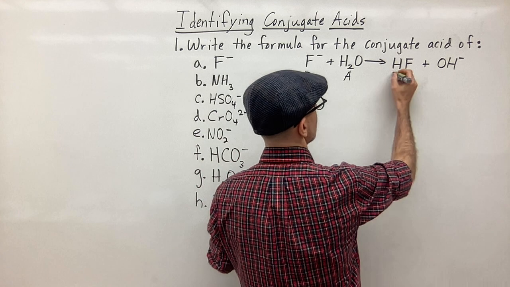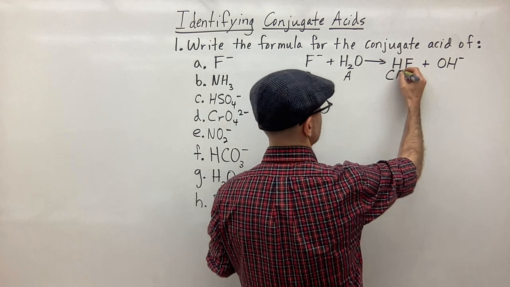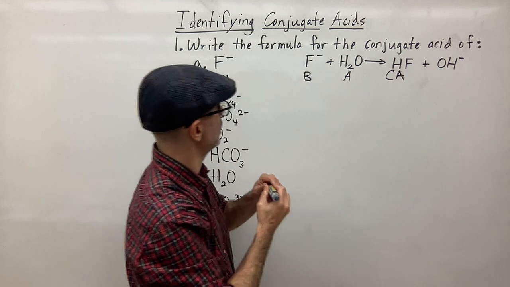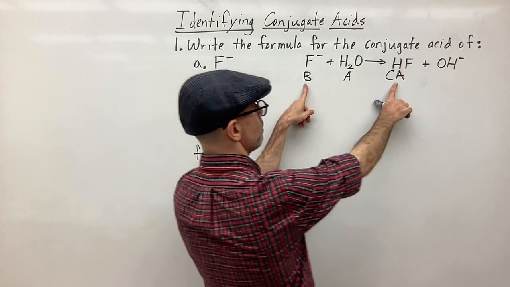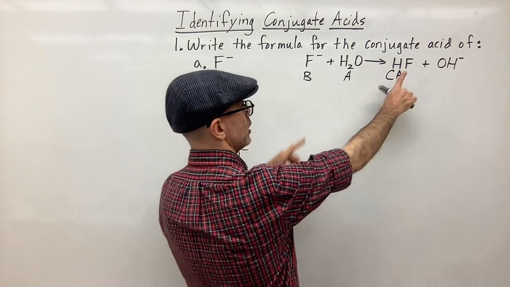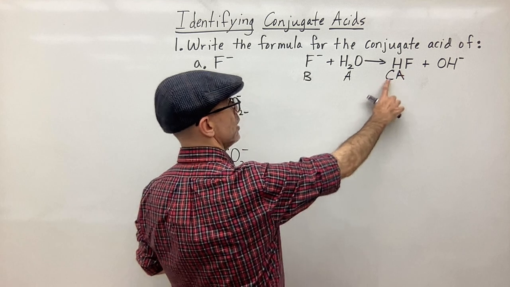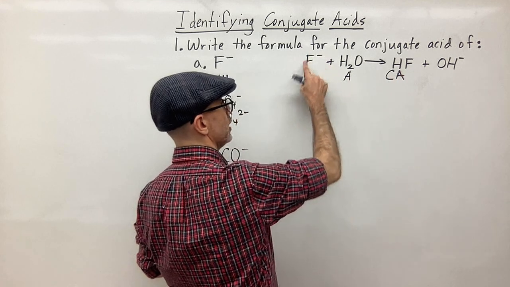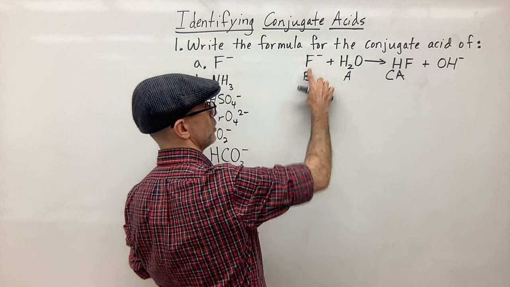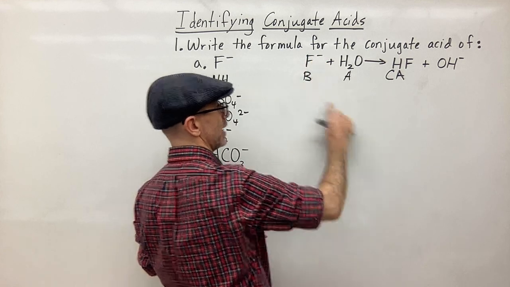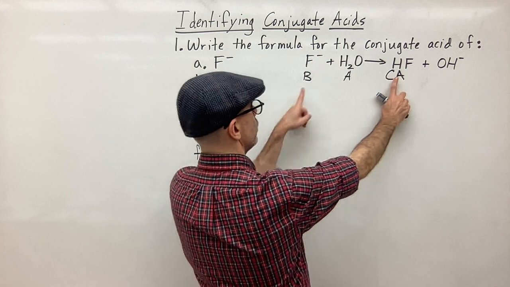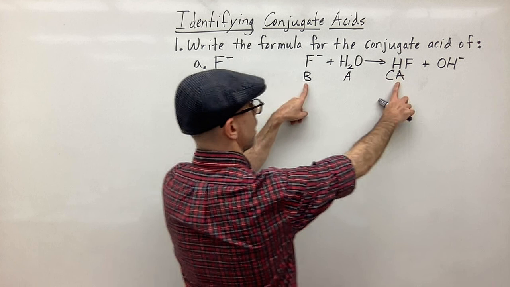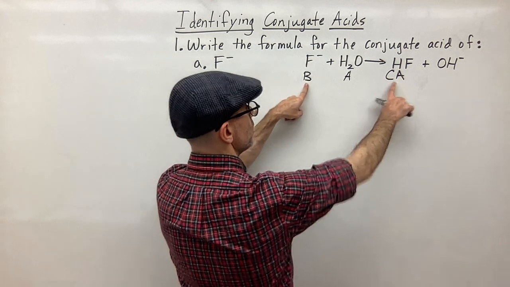This is going to be the conjugate acid of this base. And you can see that they differ by the transfer of a hydrogen. If I transfer a hydrogen from water, then I would have F minus. If I transfer an H plus to F, then I get HF back, right? So there's a difference of one hydrogen between these two.